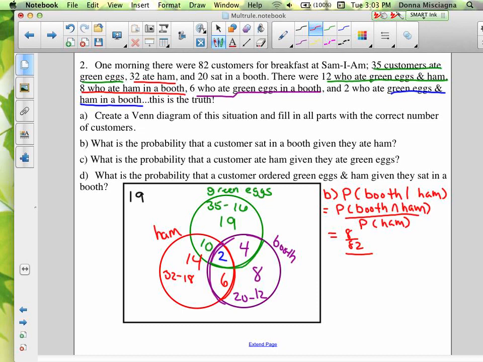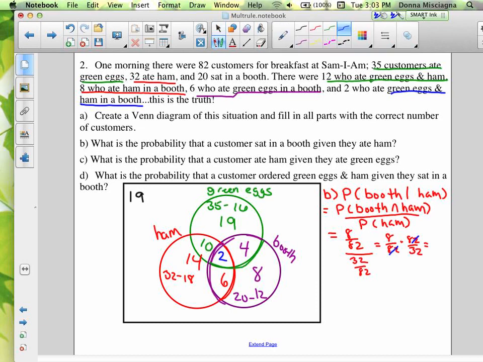So 14 plus 10 plus 2 plus 6. So that's going to be 32 out of the 82 people. So that would be 8 over 82. And then to divide fractions, you multiply by the reciprocal, times 82 over 32. Notice that you could cancel out the 82s.